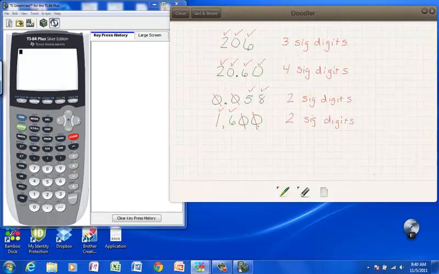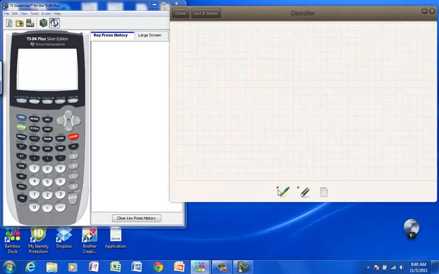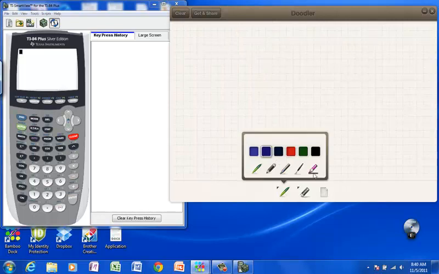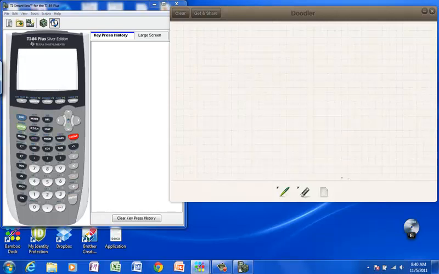Now, it's important to be able to count significant digits because we use those ideas when we're doing rounding in several of our applications. So again, I'm going to look at another problem that was on the exam. This was an area problem.